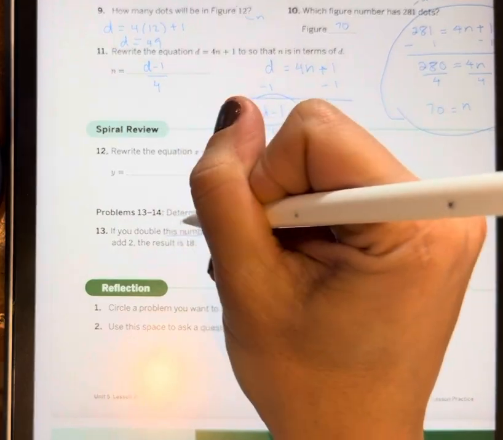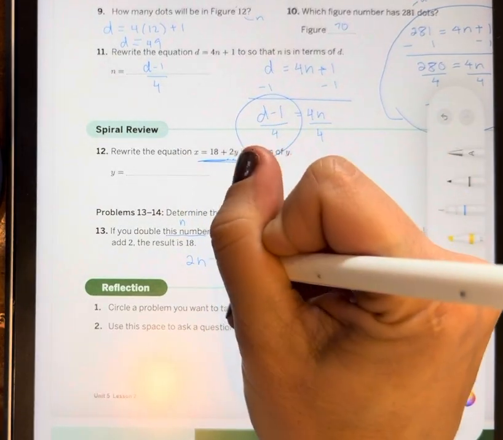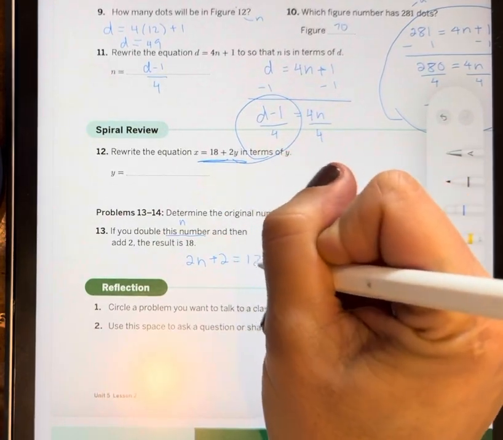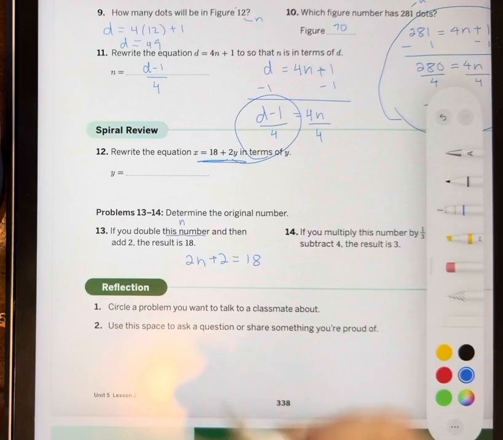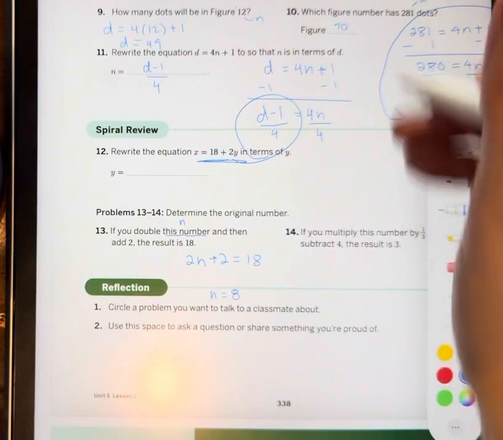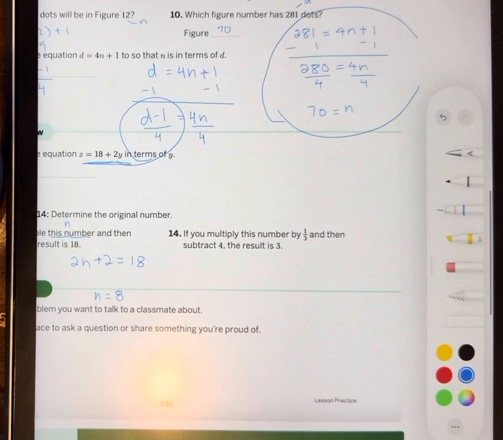If I double n, so 2n, and then add 2, the result is, that means it equals 18. So then what's the number? We subtract the 2, we divide. Do it yourselves, give it a shot, because it's just like solving this guy right here. The answer is 8.